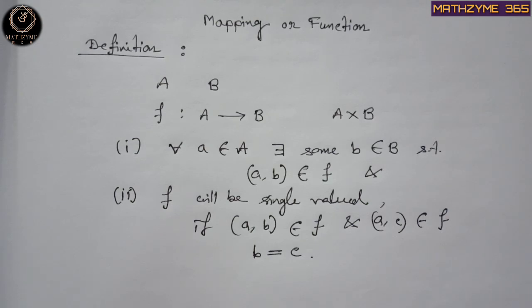Now here we see that there are two elements, small a and small b.